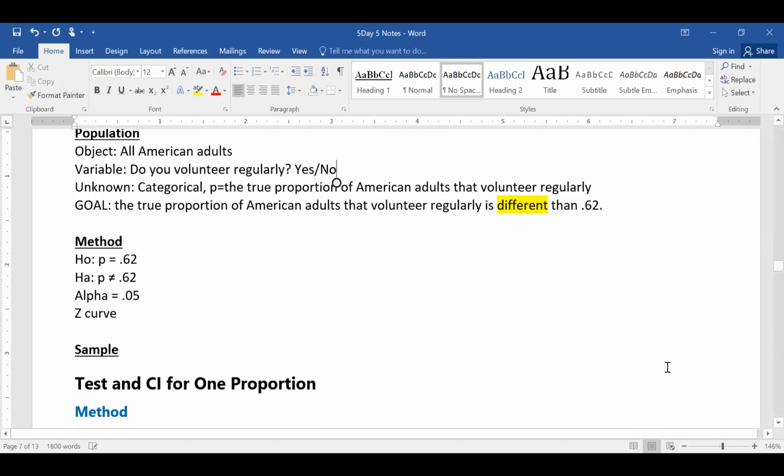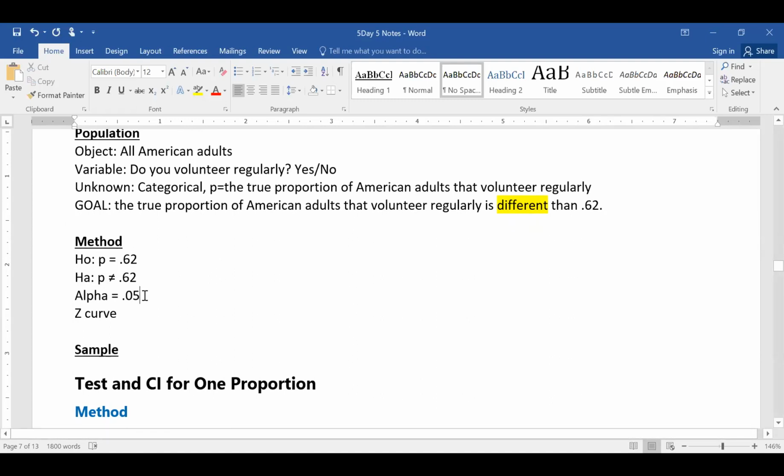Okay, so here we can see my method step, which I just wrote out and we just talked about, right? My null, my alternative. My alternative is what was given to me in the problem, and then I had to write my null from that, meaning it was just the opposite. The numbers here are always the same, 0.62, 0.62. It didn't give me an alpha. This is not a life or death situation. We're talking about volunteering. I'm just going to choose 5%.